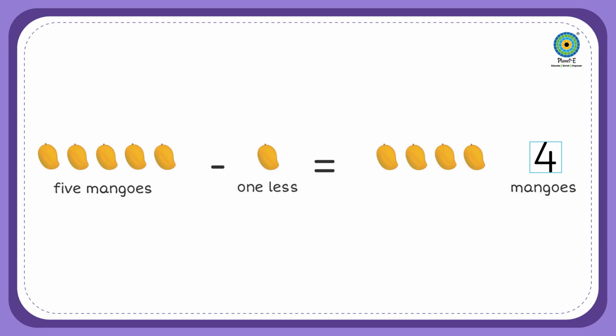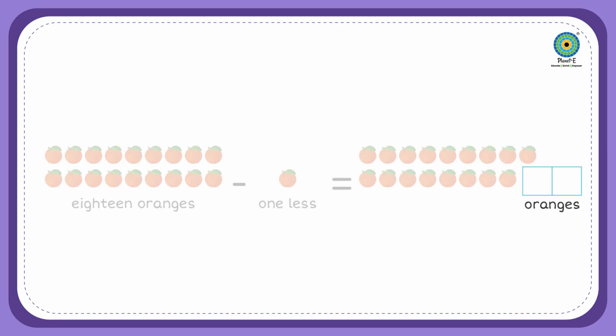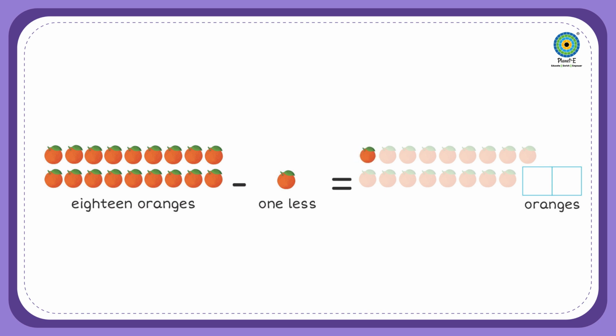First we will count how many oranges we have. 1, 2, 3, up to 18. 18 oranges minus 1 less equals 2. 1, 2, 3, up to 17.